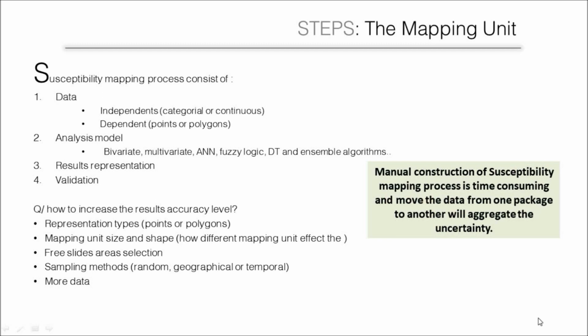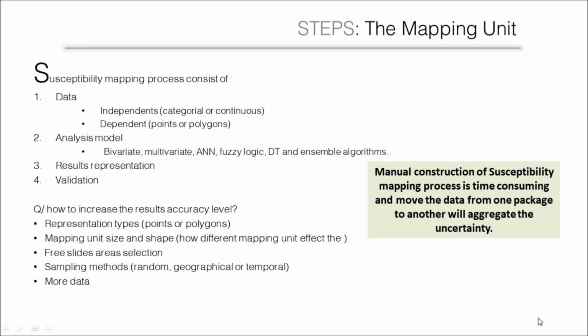As well as when we do the multivariates or the fuzzy or decision trees or ensembles, usually the data should be binary data, 0 and 1, where the 1 represents the events, the location of the targets. But the 0 refers to the free area or free slides, or the areas where you are not expecting the target to occur.